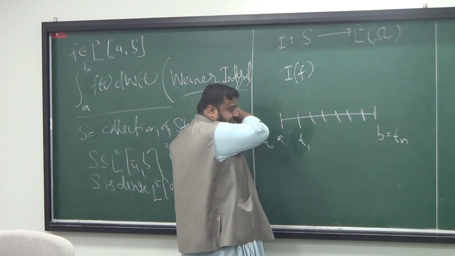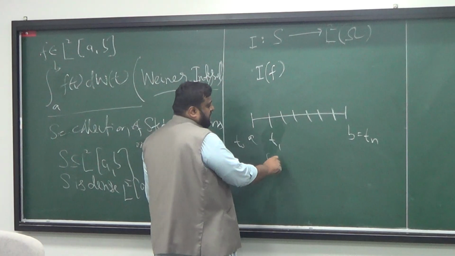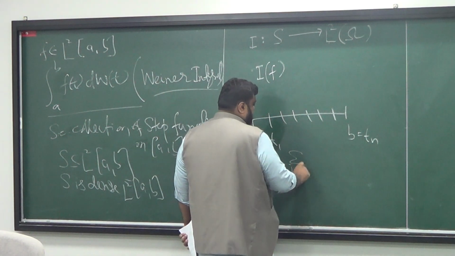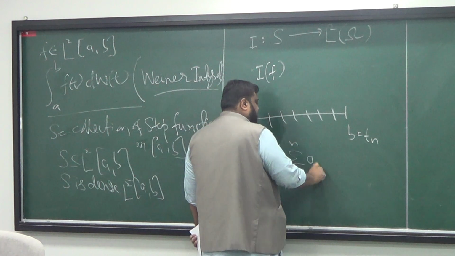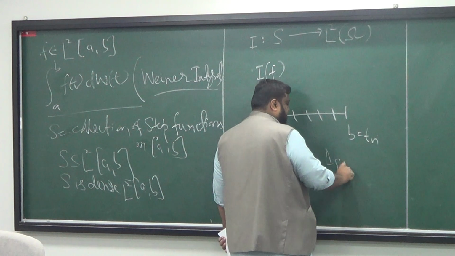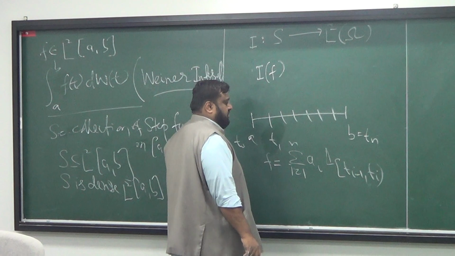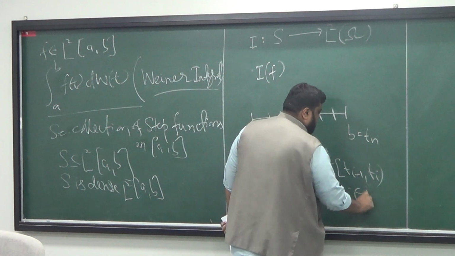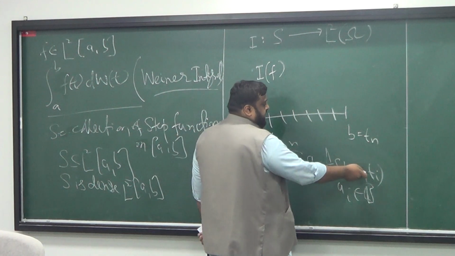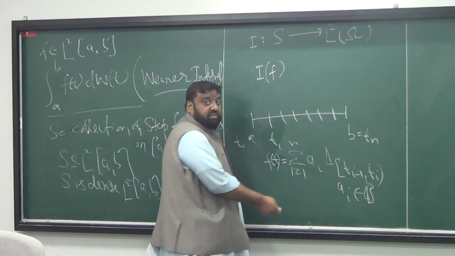Then I have a function f that is a step function, which would look like the sum from i equal to 1 to n of a_i multiplied by the indicator function of (t_{i-1}, t_i], where the a_i are real numbers, which simply means that on each (t_{i-1}, t_i] the function takes the value a_i.